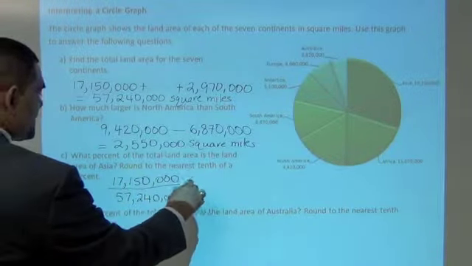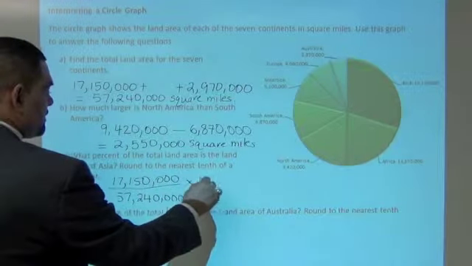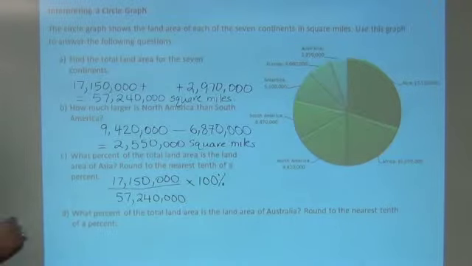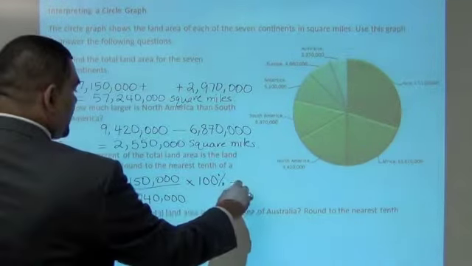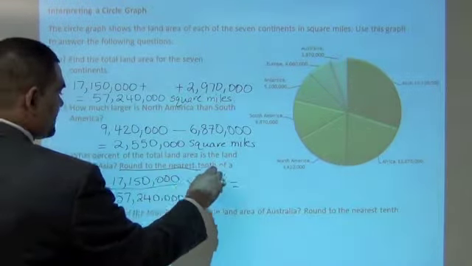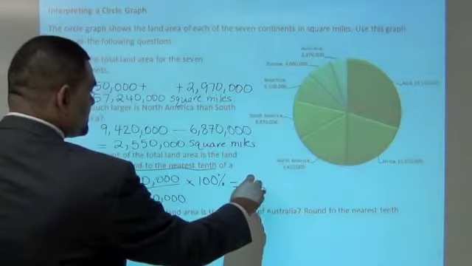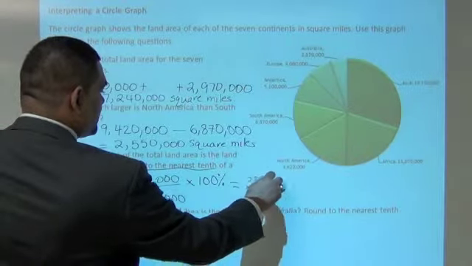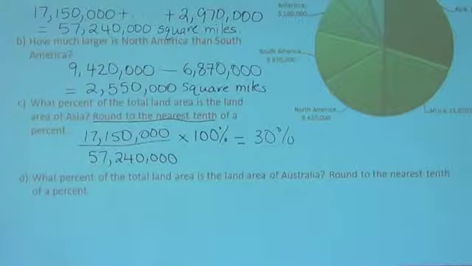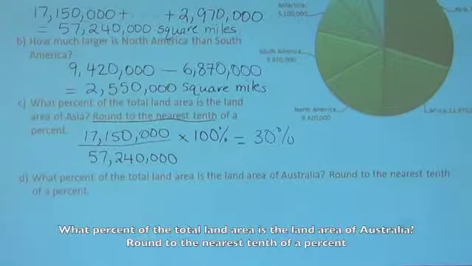And since it is a percentage, we multiply by 100%. After putting these numbers in the calculator, you should get, and again remember, the clue is round to the nearest tenth, therefore we want it, or approximately 30%.